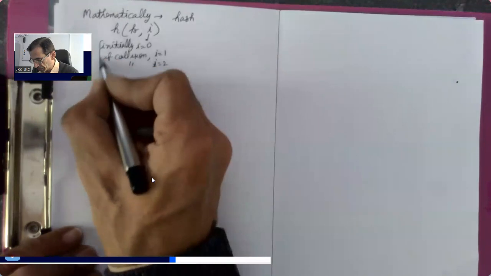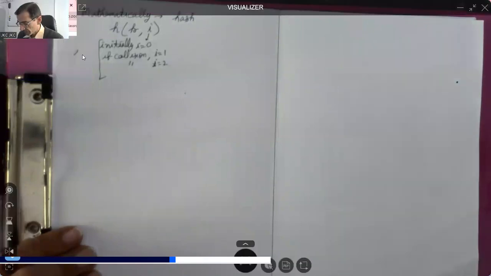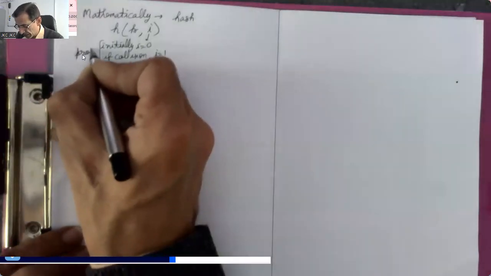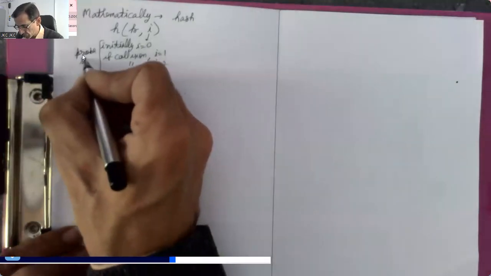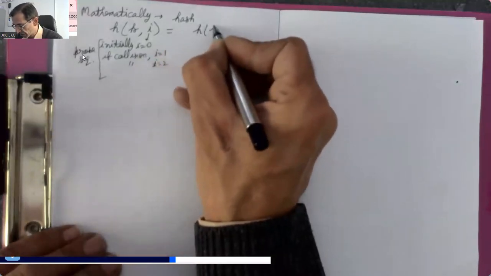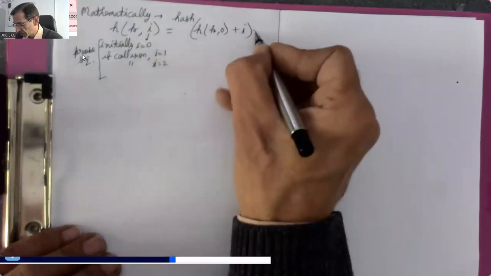So the probe sequence, with i changing from 0 onwards, is nothing but h of k plus i, mod m.